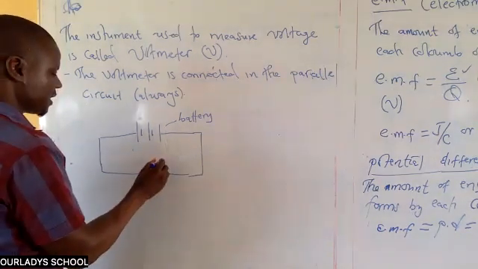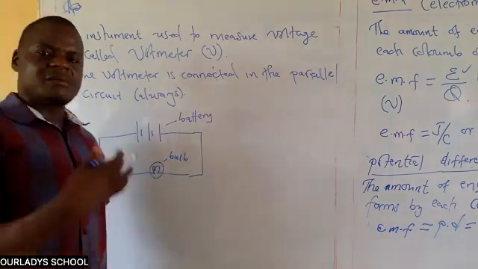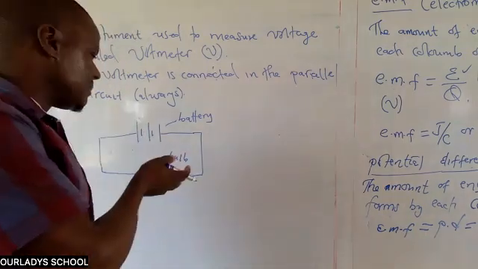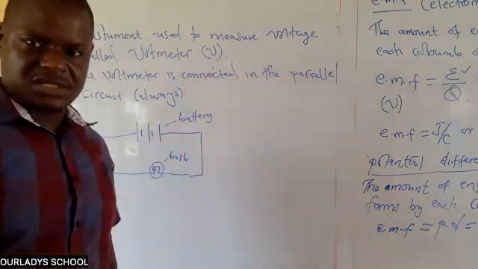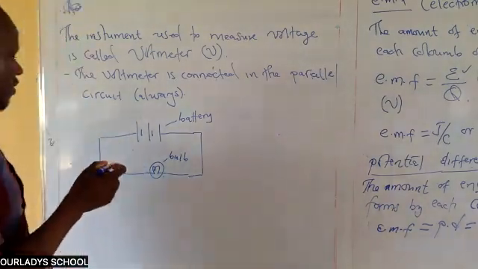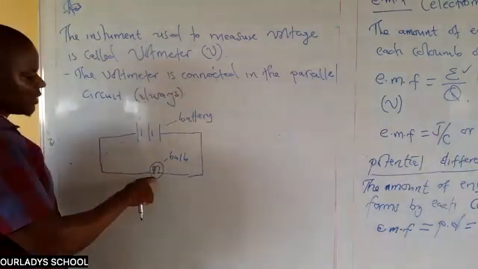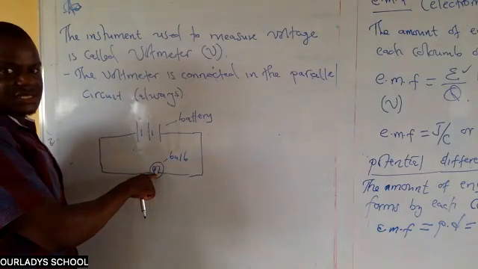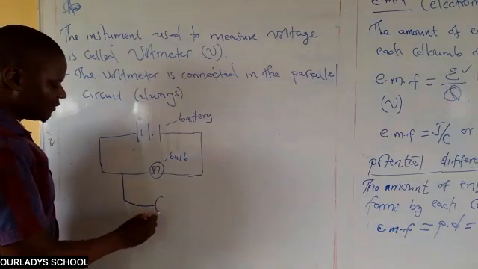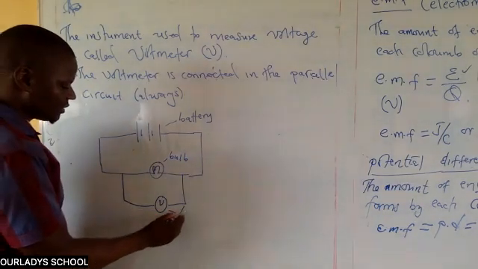I want to measure how much electrical energy, when the charges are passing through here, is being converted to the other forms, that's light and heat. So we are saying parallel, meaning the voltmeter should be connected parallel to this item here. Therefore, we are going to have a branched kind of connection, and this is where we put the voltmeter.